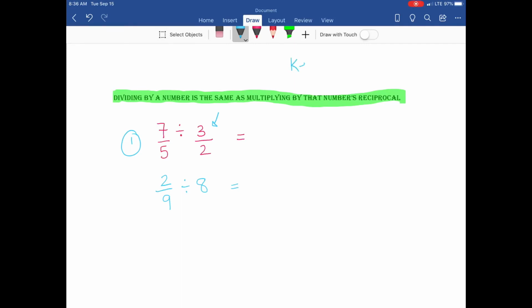So there's something that I like to think of. I do keep, change, flip. Keep, change, flip. That means I keep the first number. So I keep 7 over 5. I change the division to its nemesis or its inverse, multiplication.